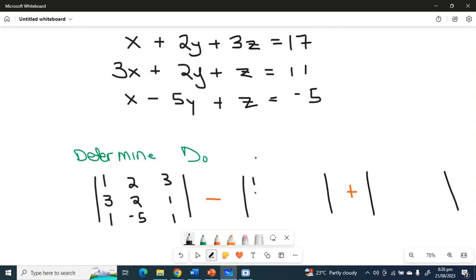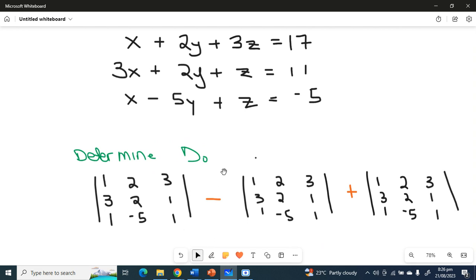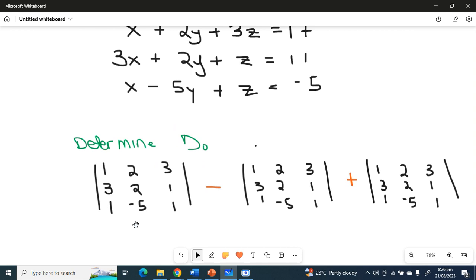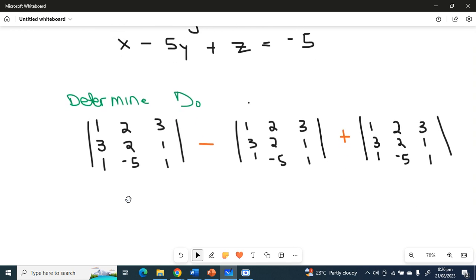Then you repeat this. So here we listed out the coefficients in a matrix.